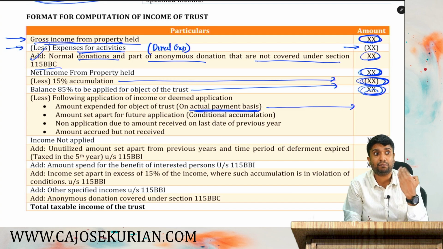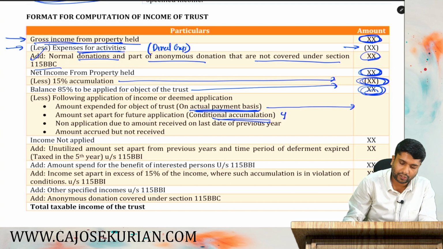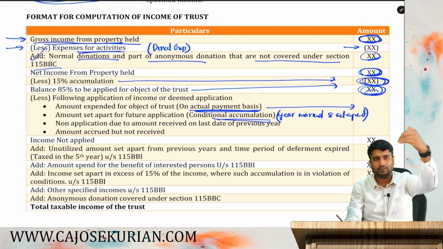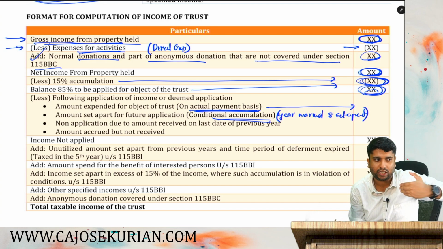What do you mean by year marked and set apart? That means conditionally accumulated. We call it year marked and set apart. Year marked and set apart means you are conditionally accumulating more than 15% for your future objectives.